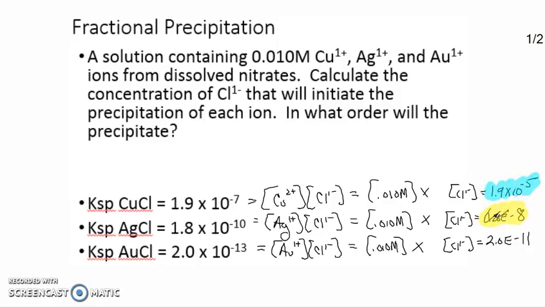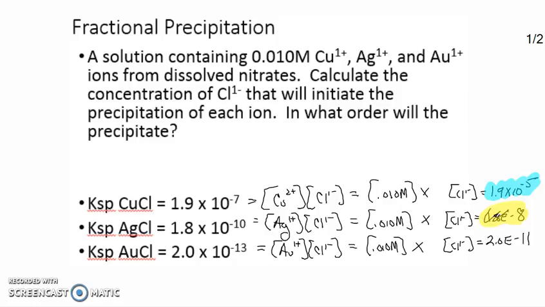We could stop the titration, collect the precipitate out, and at that point we have mostly just AgCl with a tiny little bit of AuCl thrown in as well.